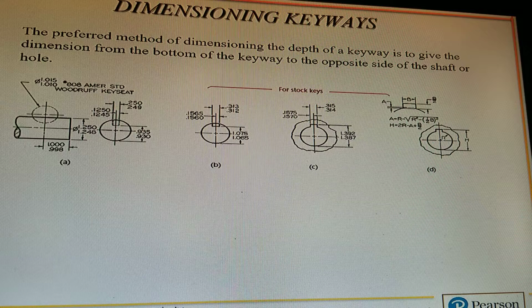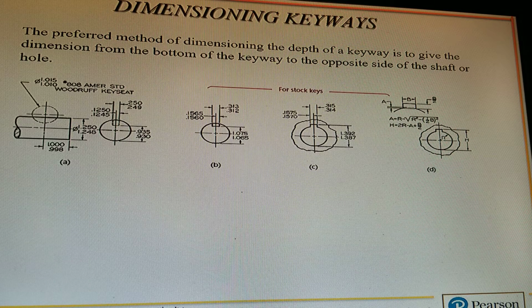If you look in A, you see that little circular object on top there. It says Woodruff key seat. That's the key. That's what the key would look like. They would push that key up in there, and it would lock that gear and that shaft together, and it would turn as one.